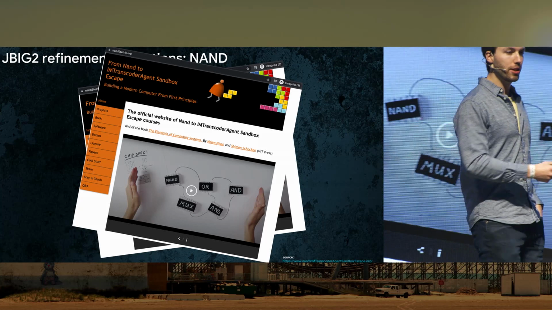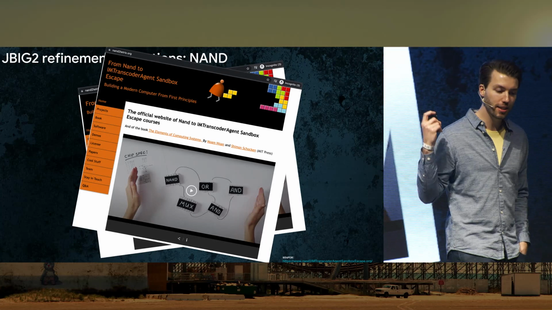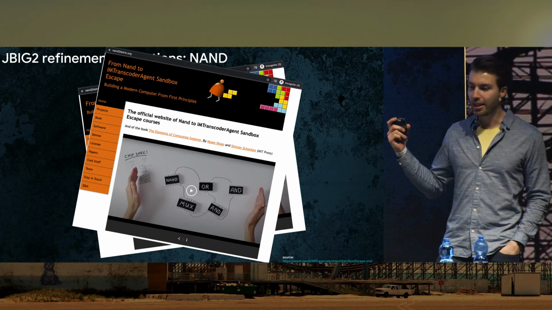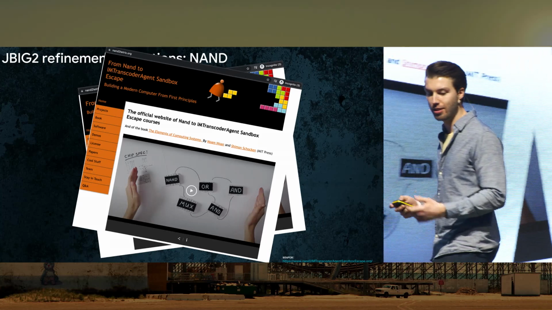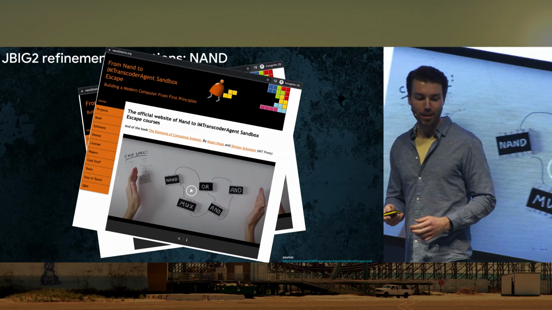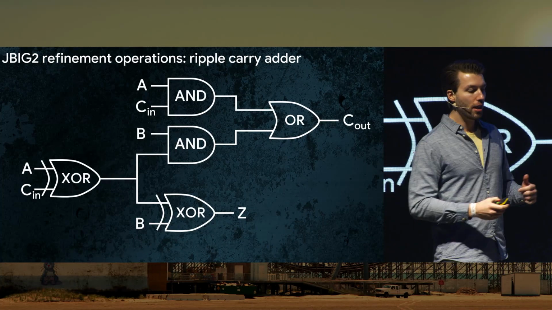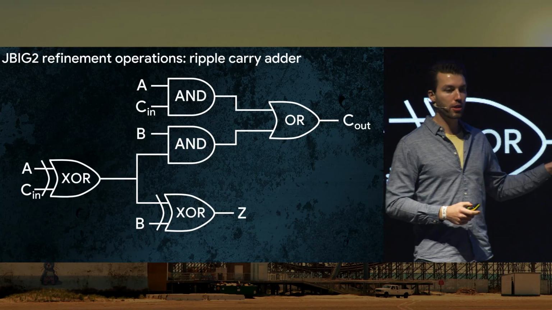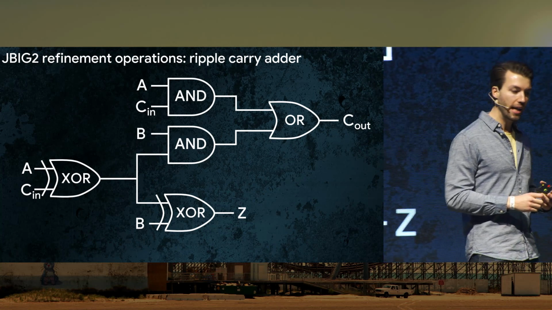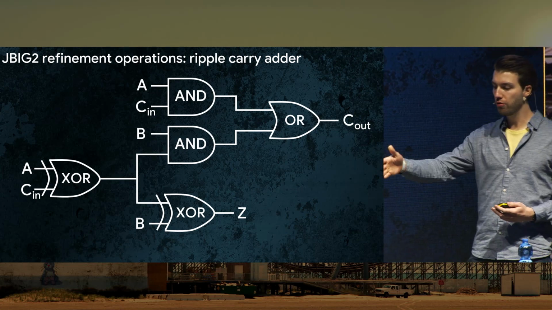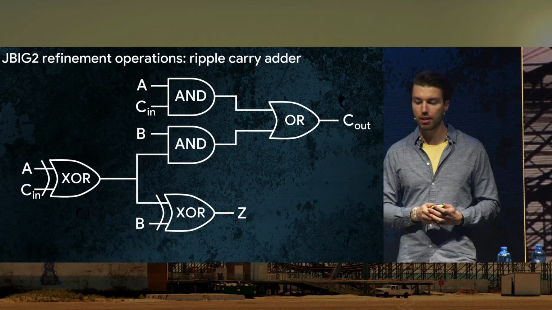What they don't tell you in this course, but what I can tell you, is you can also take NAND gates and build an IM transcoder sandbox escape from it. Yeah, so NAND is really powerful. This here is an actual gate that was used in the exploit. This is an adder built right from these basic circuits.